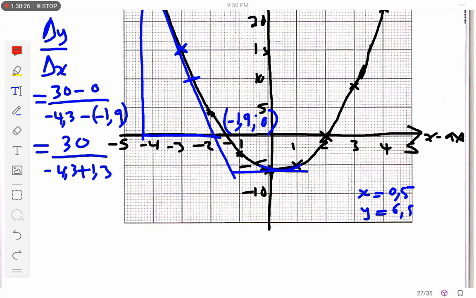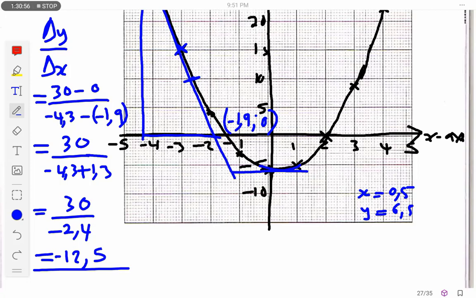So minus 4.3 plus 1.9 will give me minus 2.4. So I have here 30 divided by minus 2.4. This is going to be equal to 30 divided by 2.4. I'm getting 12.5 here. Minus 12.5 is my gradient.